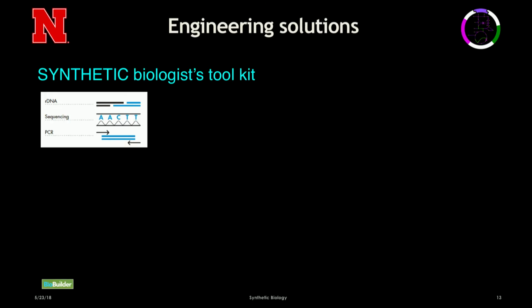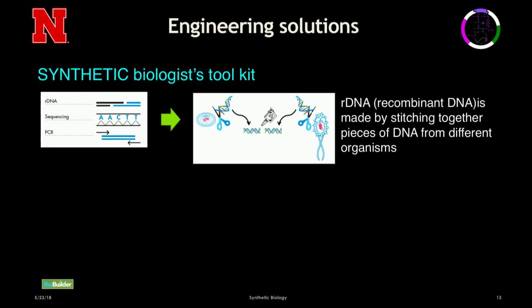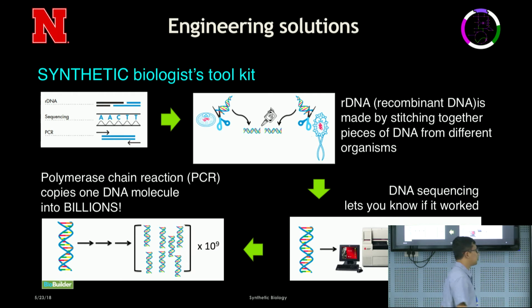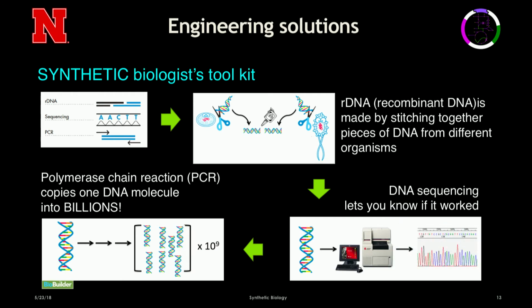All right. So again, you have a problem which you would like to solve. So what are the tools that you have? I'm sure that many of you have already done it. You would like to use whatever synthetic biology tools you have. At the end, most of the time you have to make some recombinant DNA by stitching together pieces of DNA from different organisms.